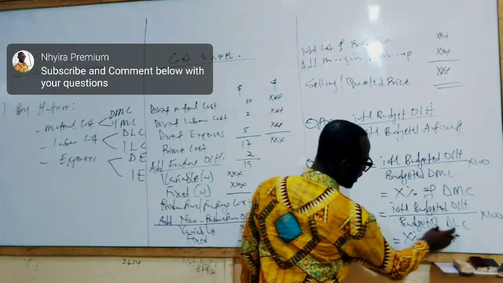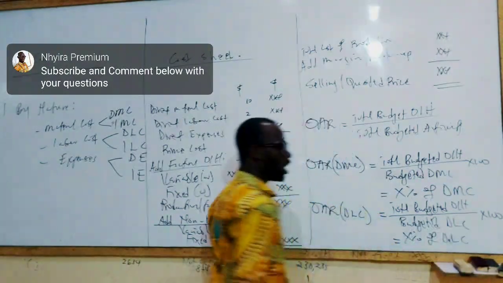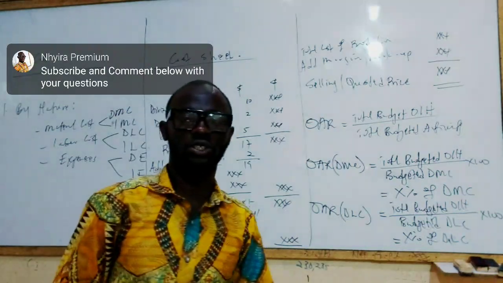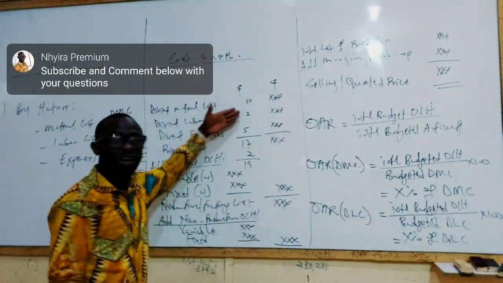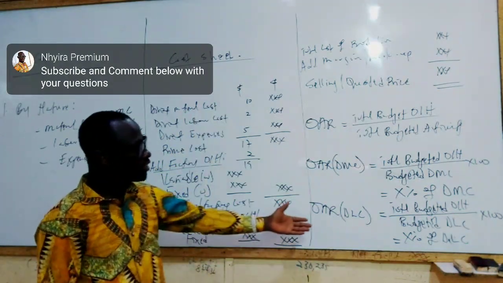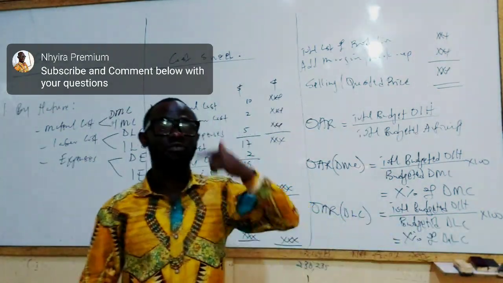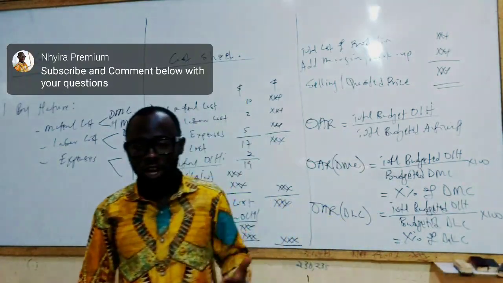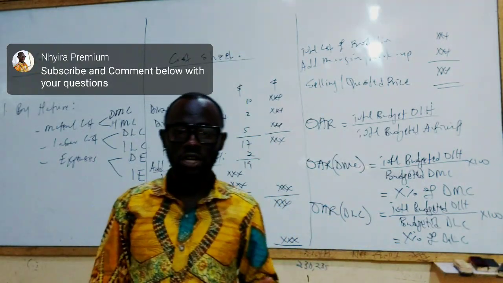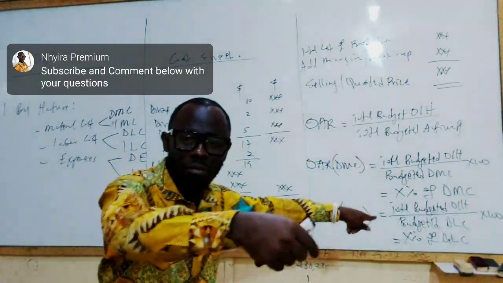The direct labor cost. X percent of direct labor cost. And the concept there applies to the same thing that we did here. So let's say you did your calculation here for the overhead absorption rate and you got 50% of direct labor cost.